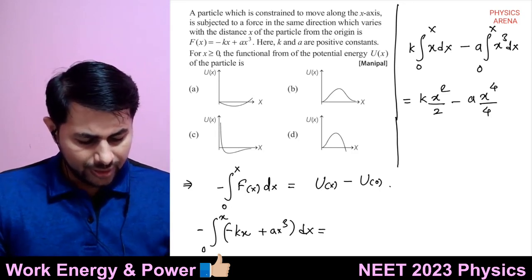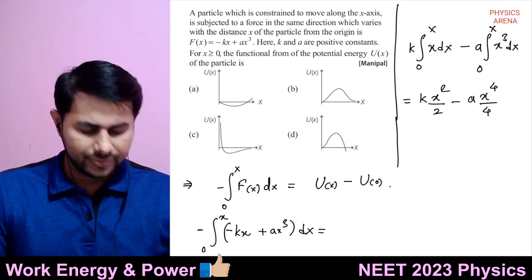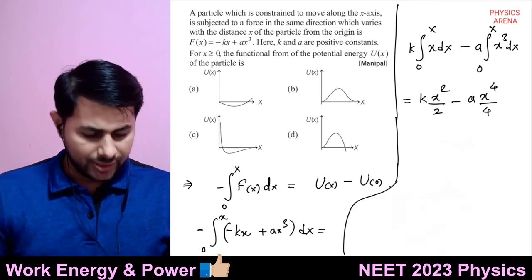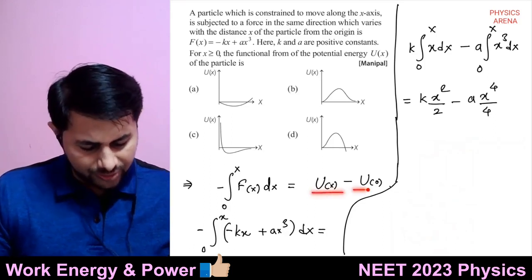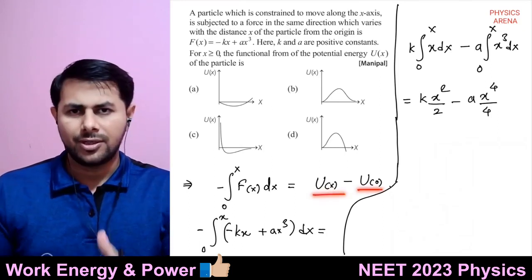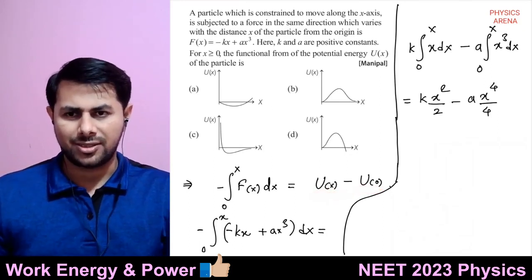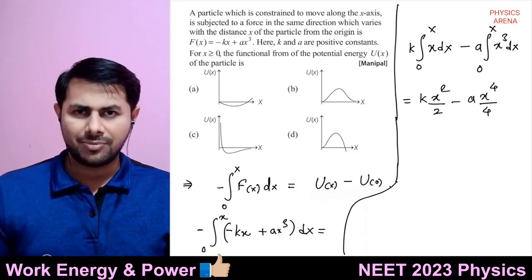Okay, so put x equal to 0. What will you get? Actually, we can only find out the difference in potential energy. We cannot find out the potential energy itself, so we have to take some constant.